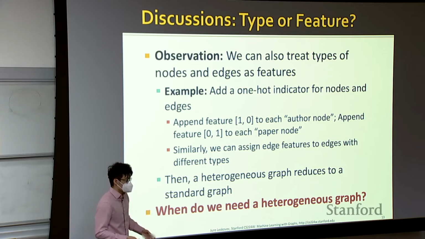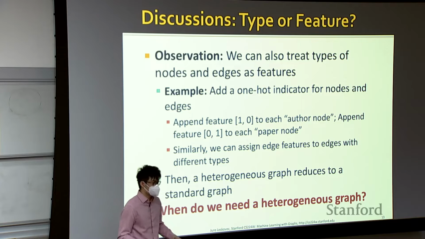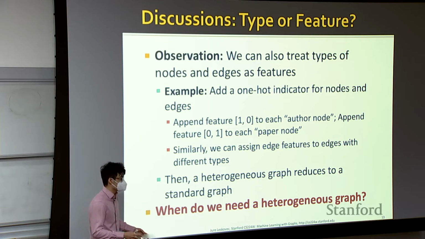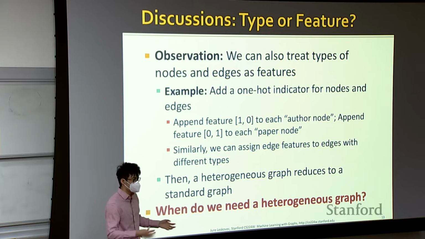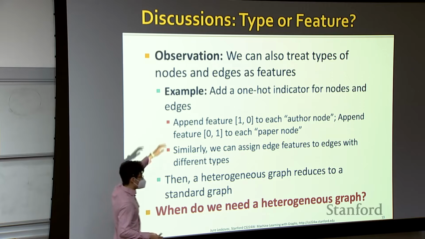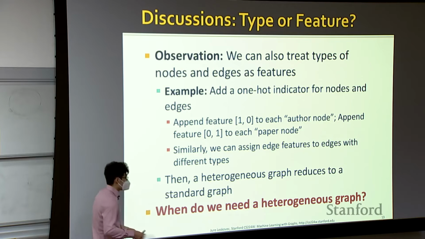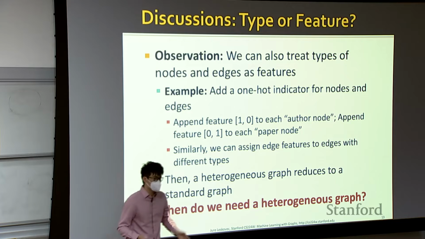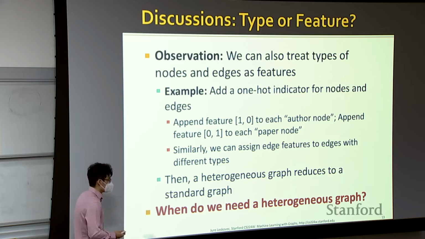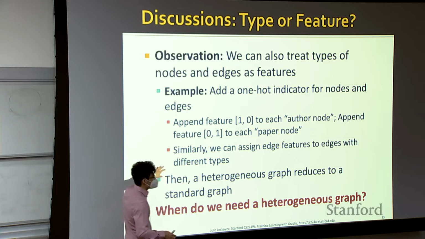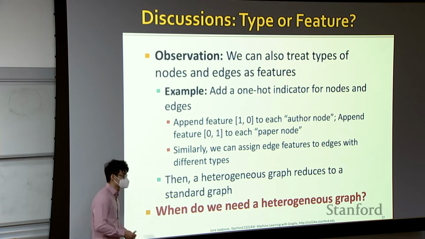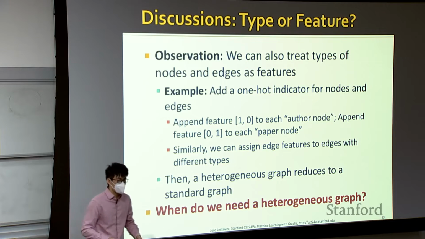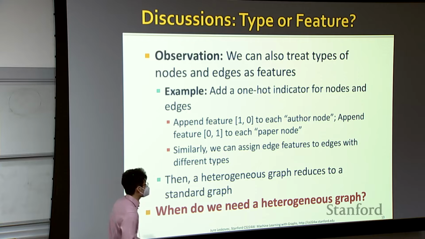Indeed, there are a lot of cases where you may find that there is type information associated with nodes and edges, but what we want to argue here is that you can instead consider modeling that type information as a feature. So there are some very important practical decisions for you to consider before you formulate your problem as a heterogeneous graph.